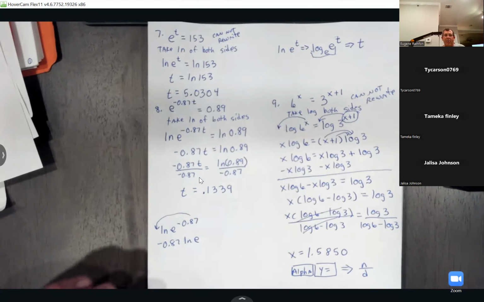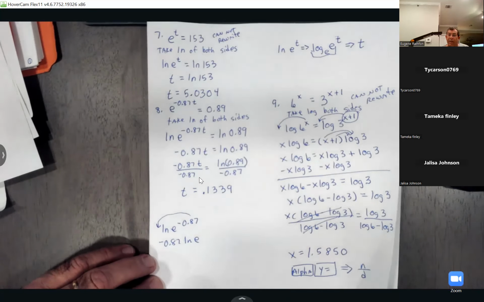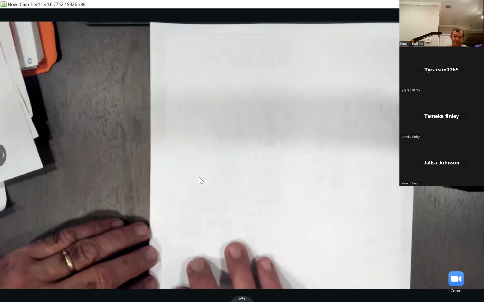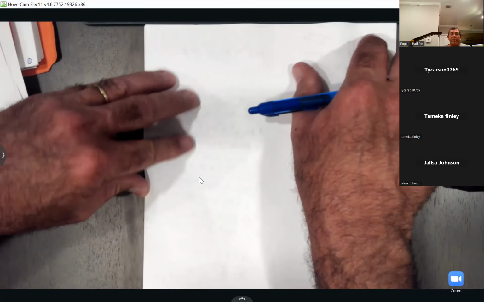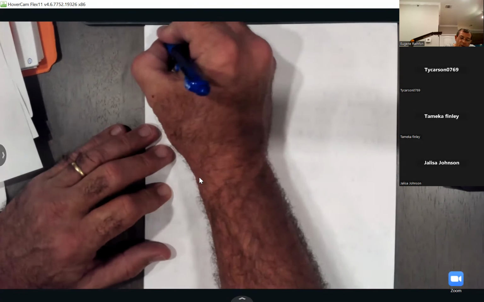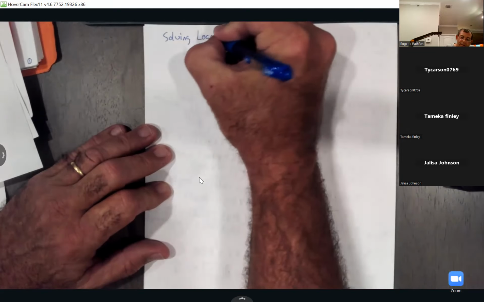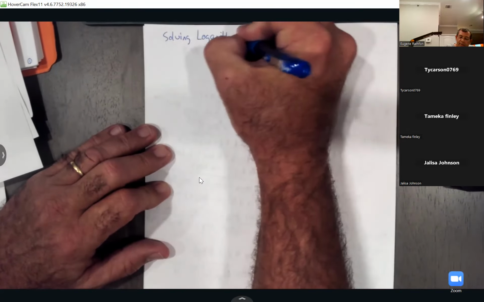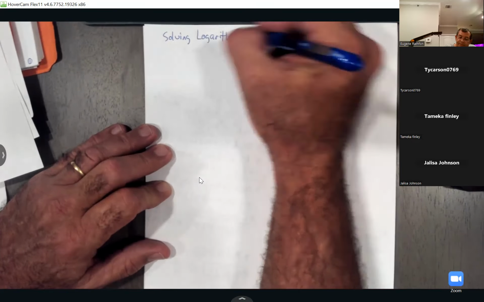All righty, so now we're going to move on and do the logarithmic equations. So I'm going to give you the steps I use on logarithmic. So here we go, solving logarithmic equations.